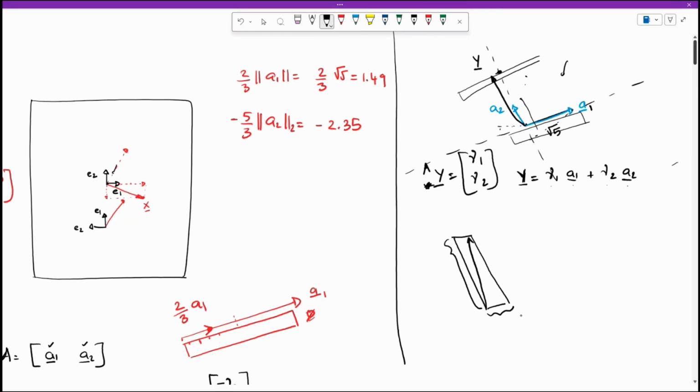The distance along A1. How did you get that from your scale? Use the ruler, just measure it. It's 1. Are you sure?